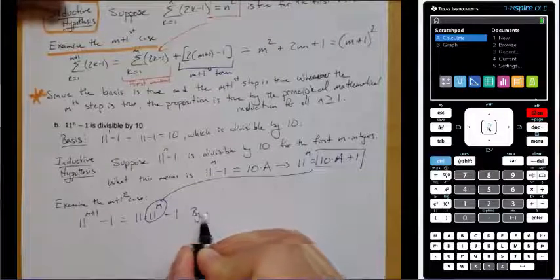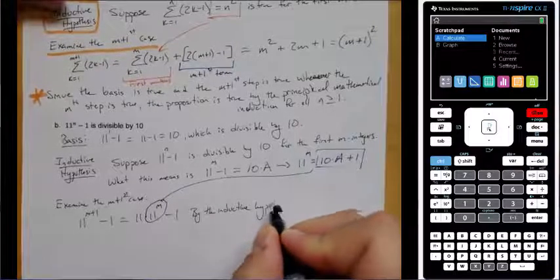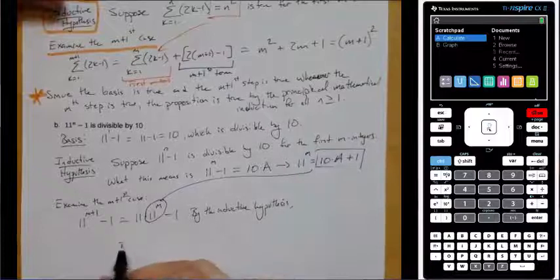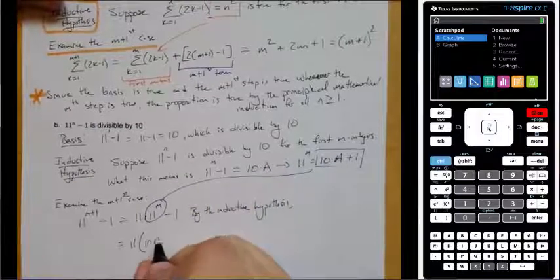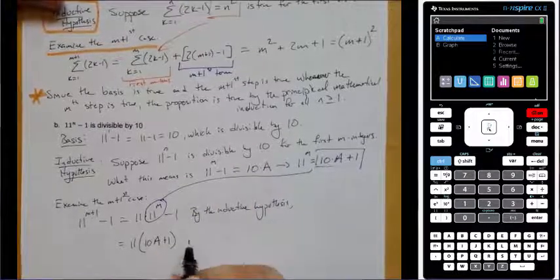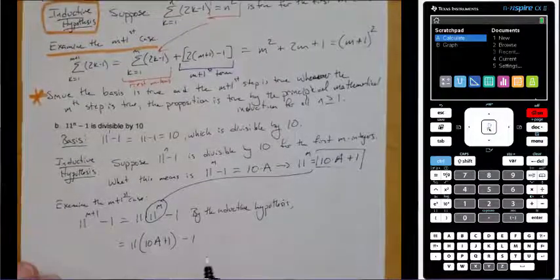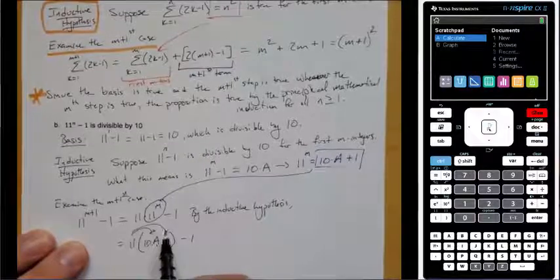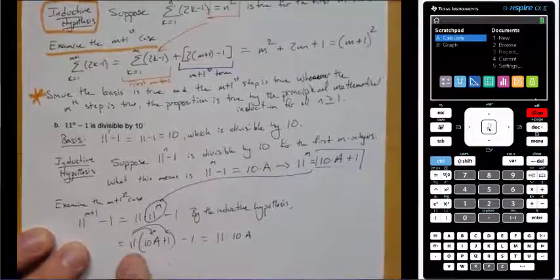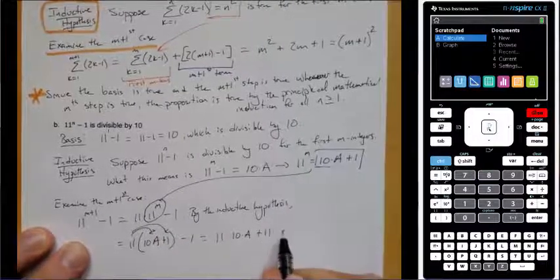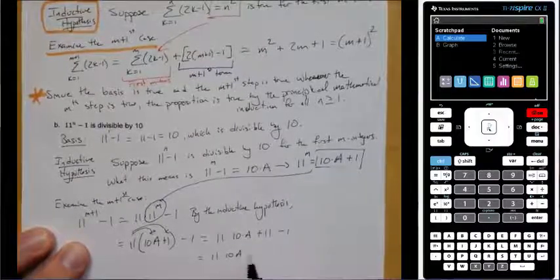By the inductive hypothesis, this is equal to 11 times, not 11 to the m, but 10a plus 1, minus 1. What is this? Well, if I distribute the 11, the first term is 11 times 10 times a. 11 times 1 is 11, minus 1, which gives 11 times 10a plus 10.